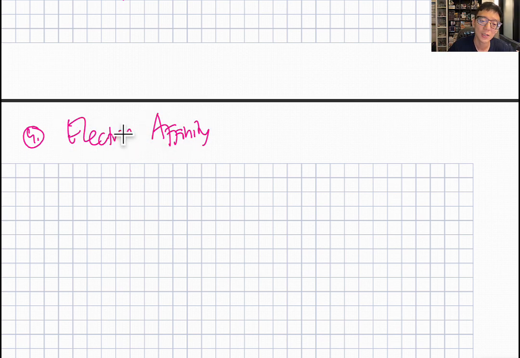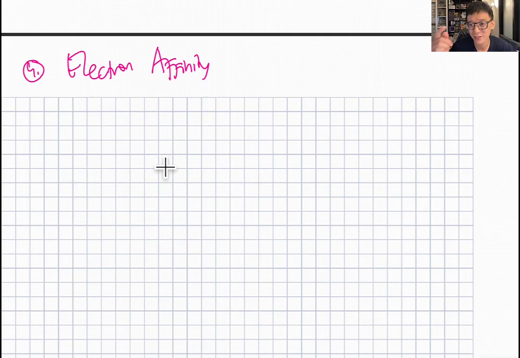Okay, so now, similar to ionization energy, we have what is called electron affinity. Long story short, electron affinity is kind of similar to ionization energy, but ionization energy is the energy required to strip one electron away, right? For electron affinity, it's the energy that is produced, or actually required, very rarely required, but mostly the energy is produced when one electron is given to an atom to form a negative ion.